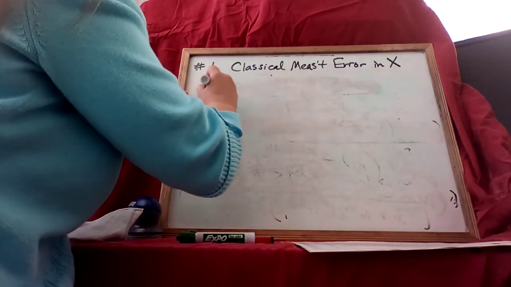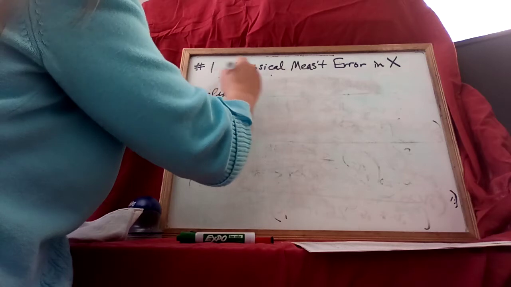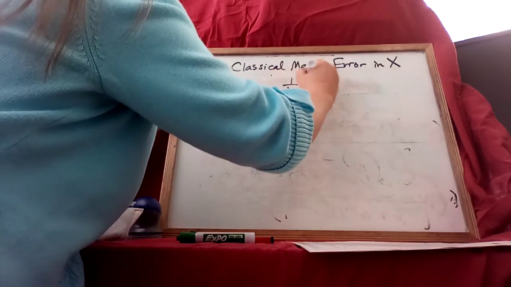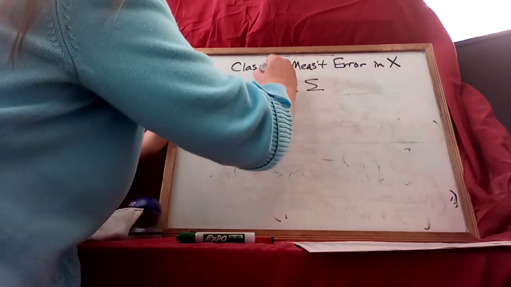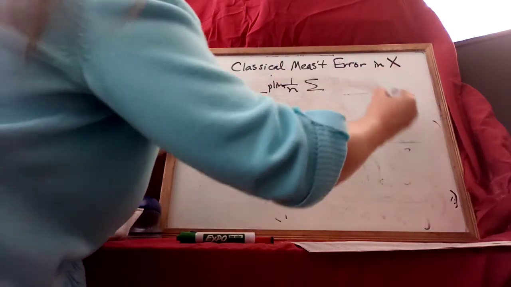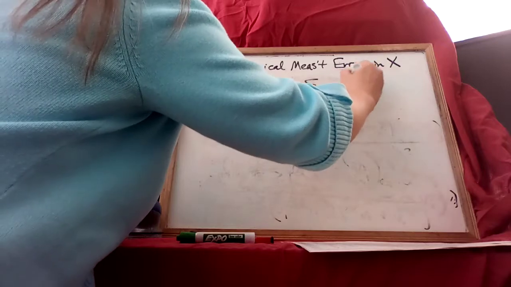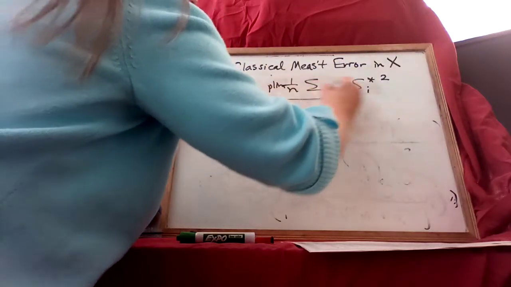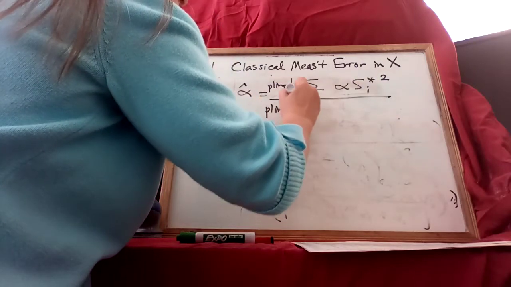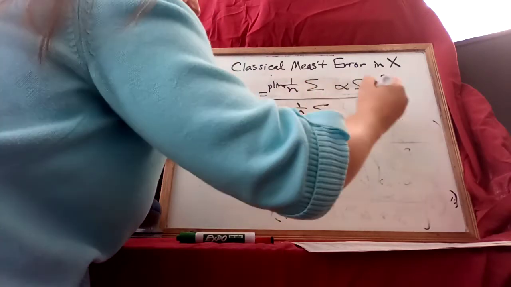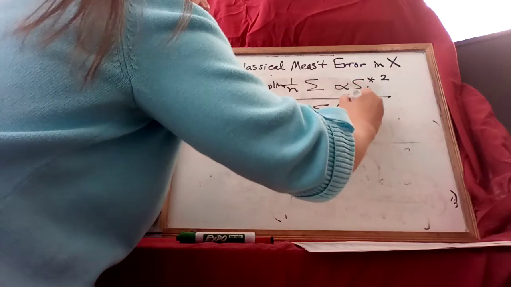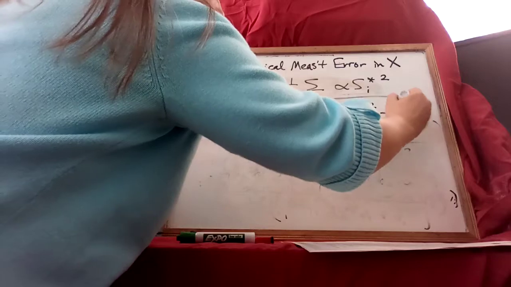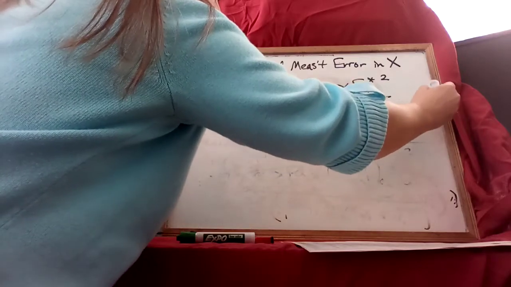We end up with the p-lim of alpha hat equal to, in the numerator, the p-lim of 1 over n sum of alpha S_i star squared, over the p-lim of 1 over n sum of S_i star squared plus V_i squared.